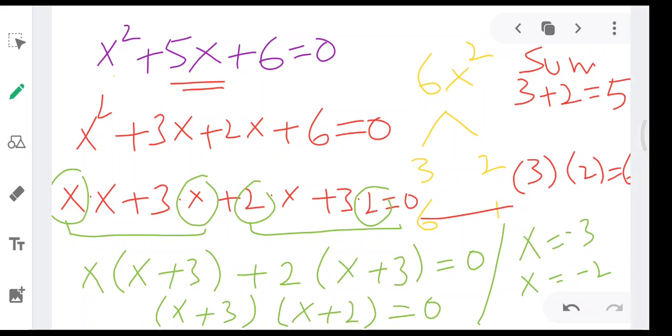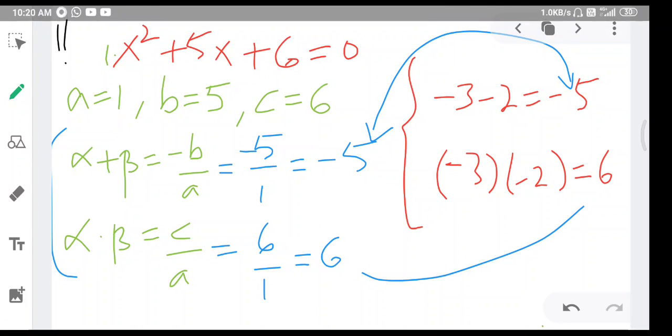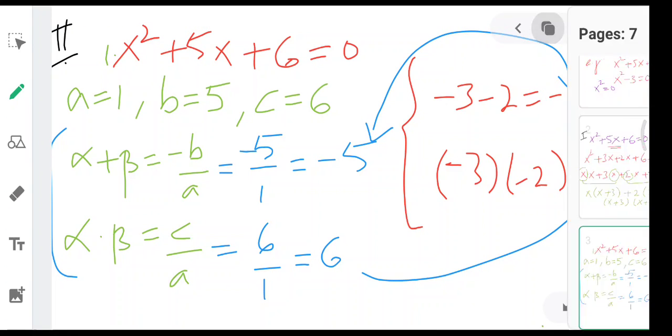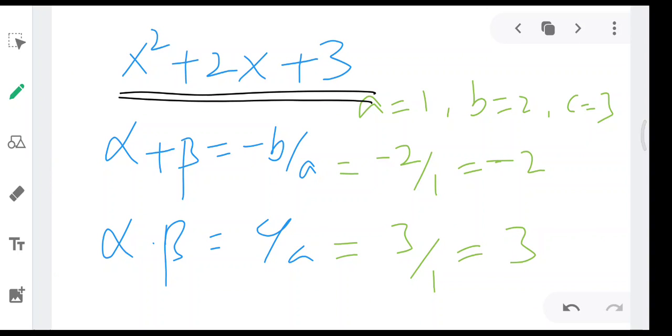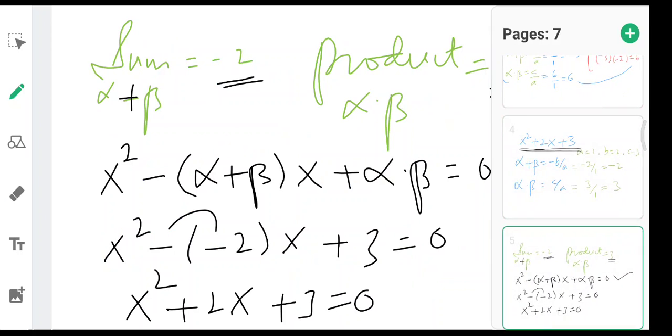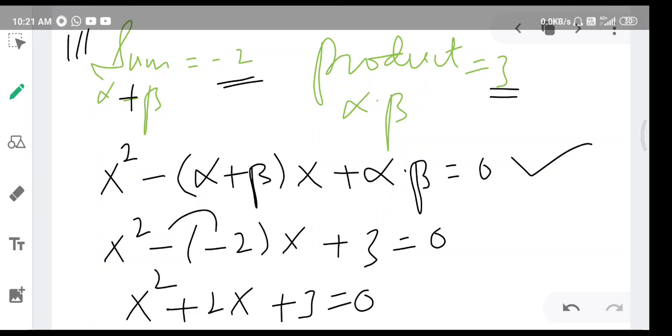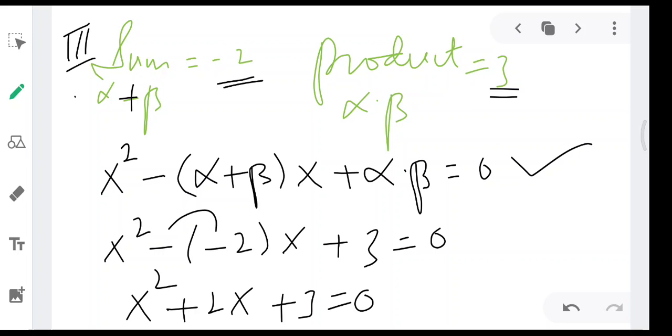First we can find the zeros, then second we can find the sum of the zeros and product of the zeros, and the third we can find the equation from sum and product. So these 3 are very important methods of polynomials.